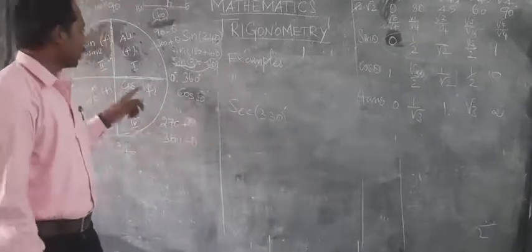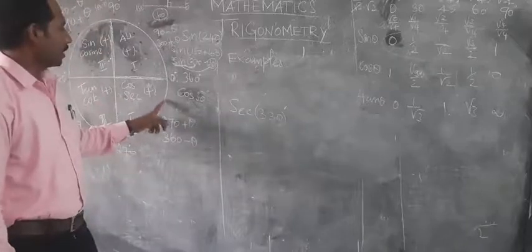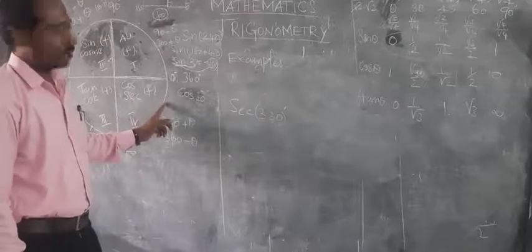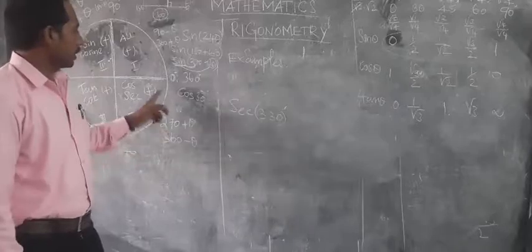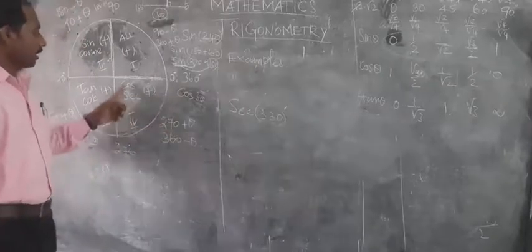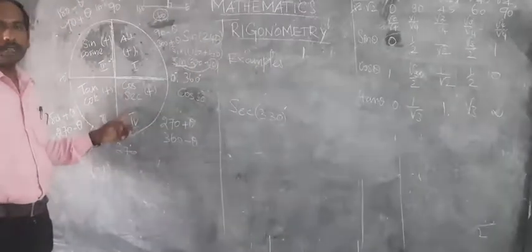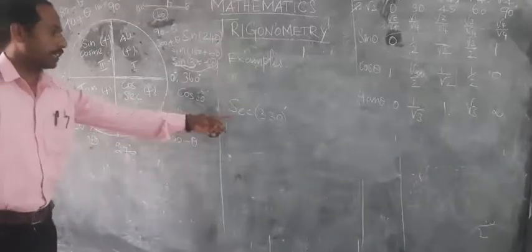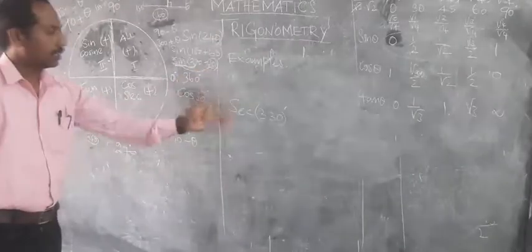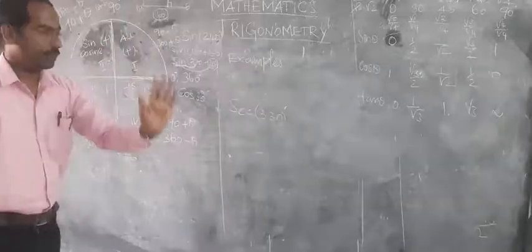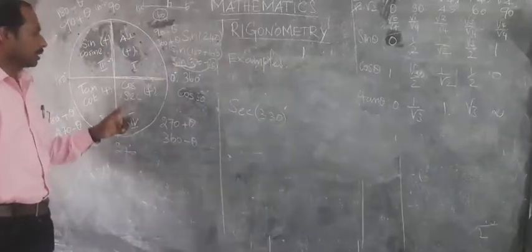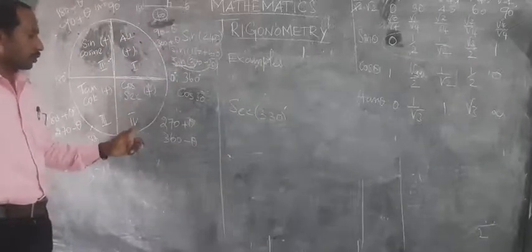Which quadrant will it appear in? Fourth quadrant. In the fourth quadrant, cos and secant are positive, other values negative. So the secant also appears positive, no worry. The answer will come positive.